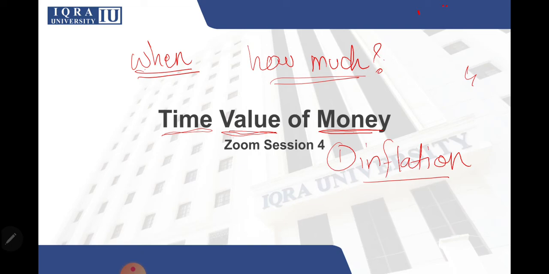In order to explain this, I will just give you a simple example. Usually in everybody's homes, you have heard your parents talking about how in our time, we could buy this for a paisa, or we could buy this for an aana. Now the 8 aana coin doesn't even exist anymore.